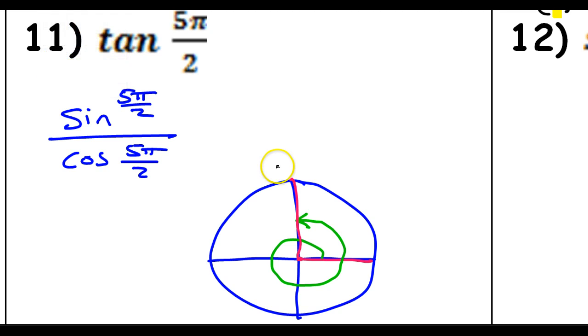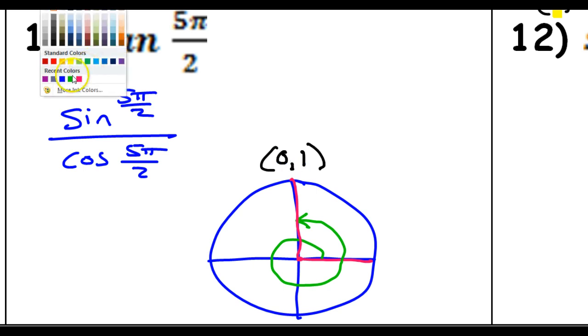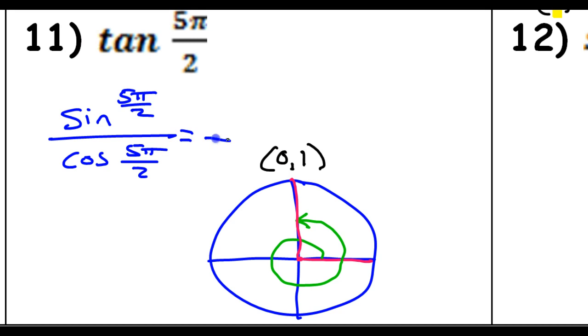So when you're on the y-axis like that, it's all about the coordinates. This is the point 0, 1. So the x value is the cosine, and the y value is the sine. So that means the sine is going to be 1, because there it is.